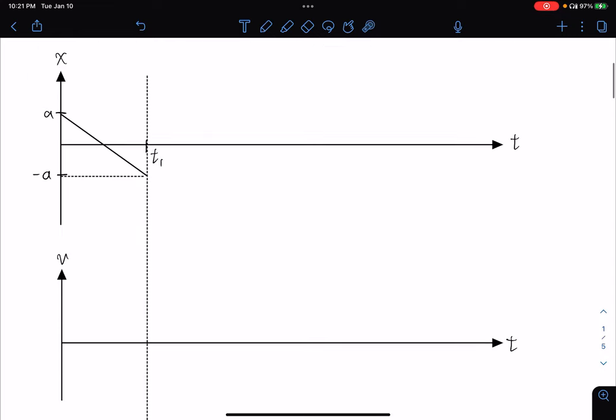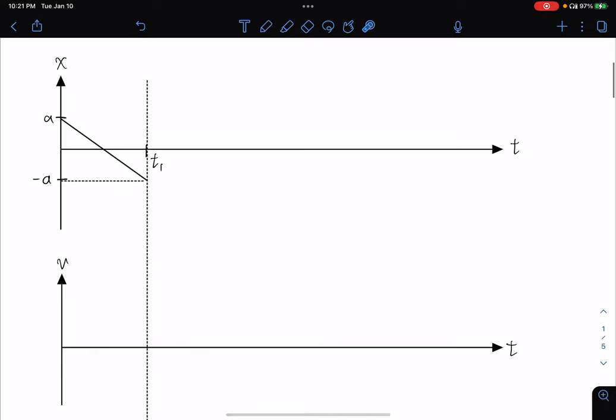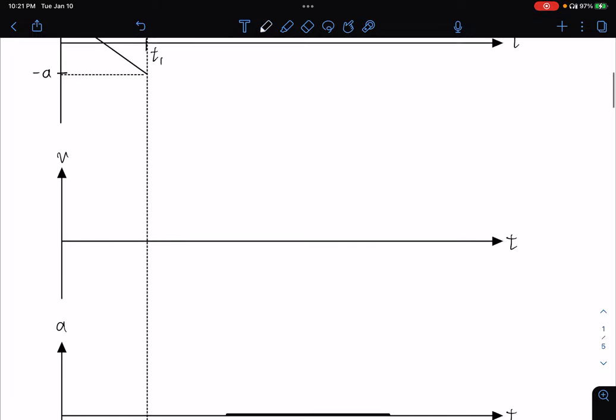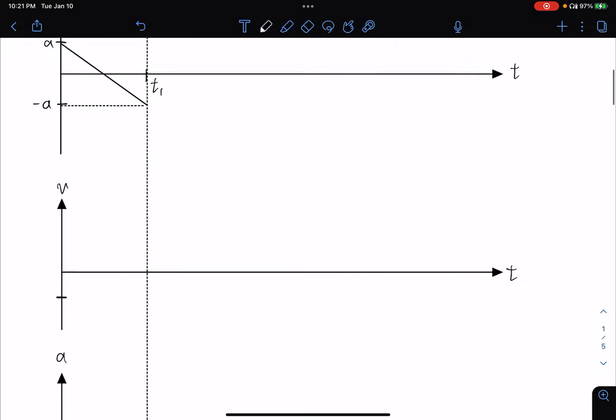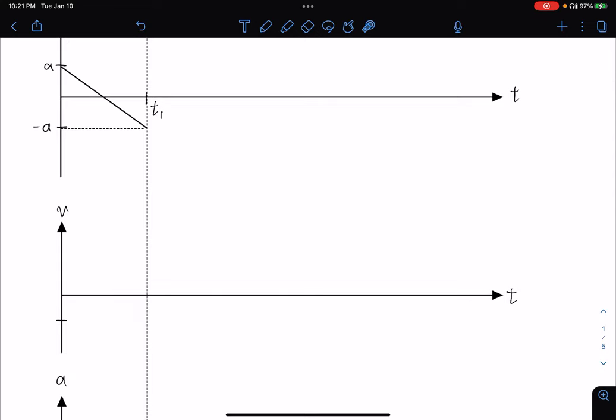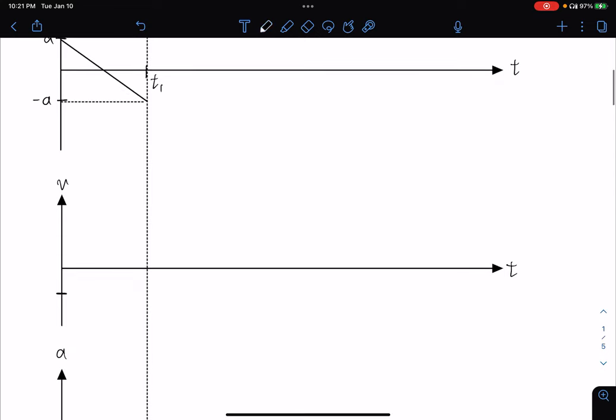Now, because the position is going from positive to negative, we know the speed is non-zero and the velocity should be negative. That's why the position would decrease its value. So the velocity will have a negative value, and it remains the same during this period. So it's going to be a horizontal straight line from 0 to t1.